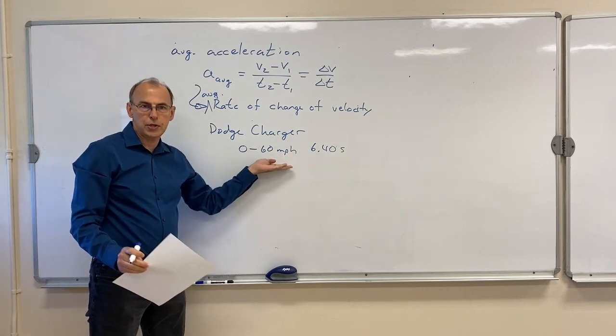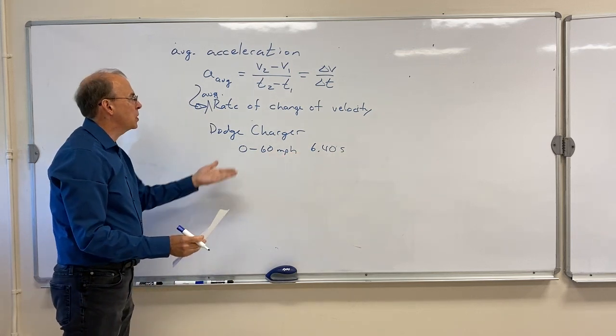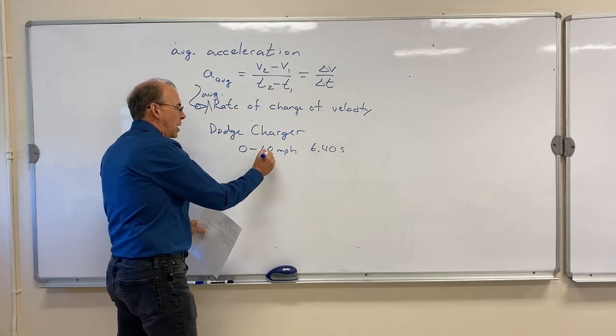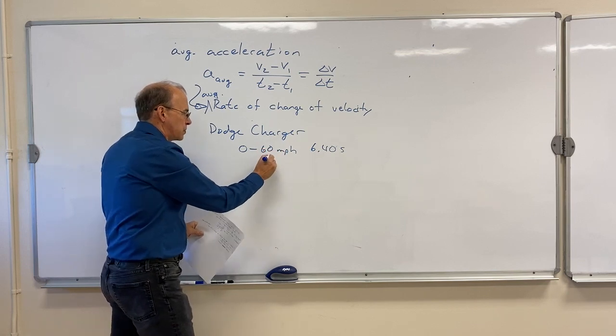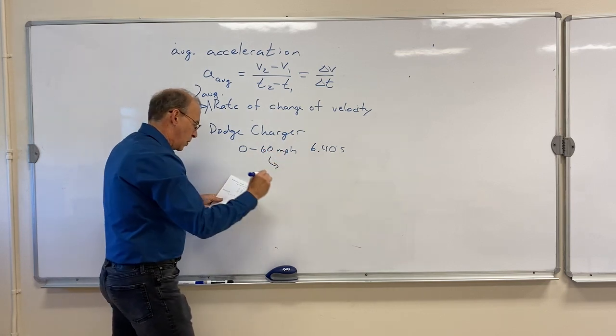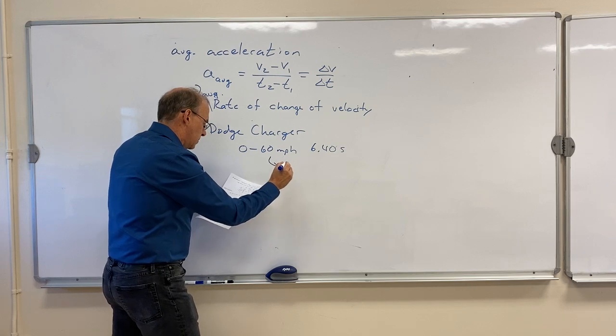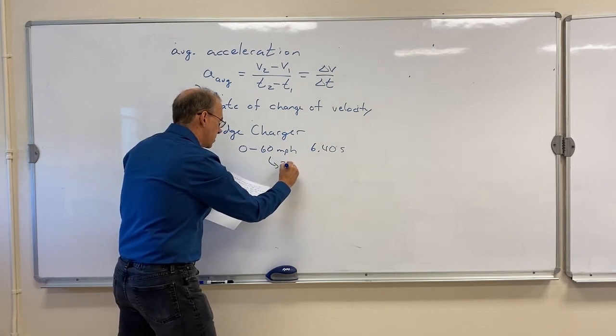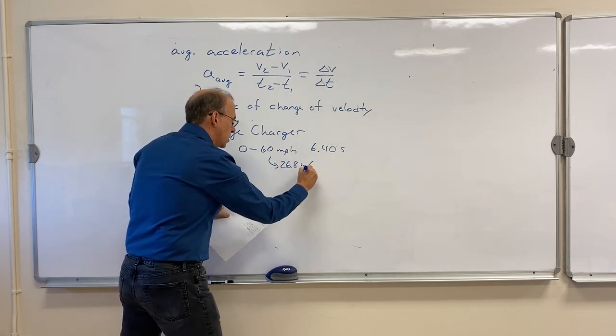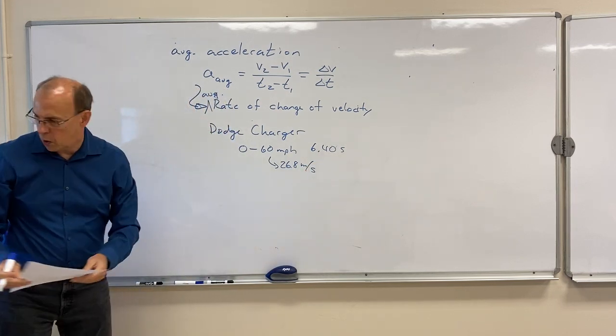So that's acceleration information. Let's compute its acceleration. Now we know how to convert from miles per hour to meters per second, but I've already got it here. 60 miles per hour is 26.8 meters per second, just to save us a few moments of time.